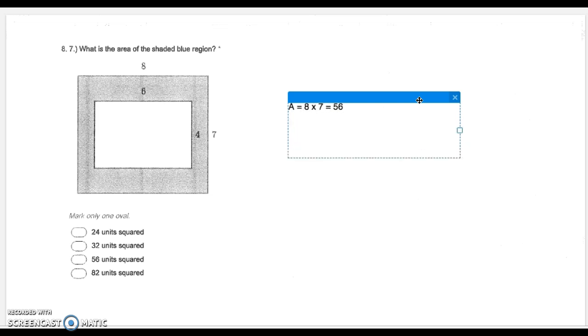The small rectangle is 6 by 4, which is 24. And if I want to get that shaded region, I just take 56 and subtract my 24, and that will give me 32 units squared.